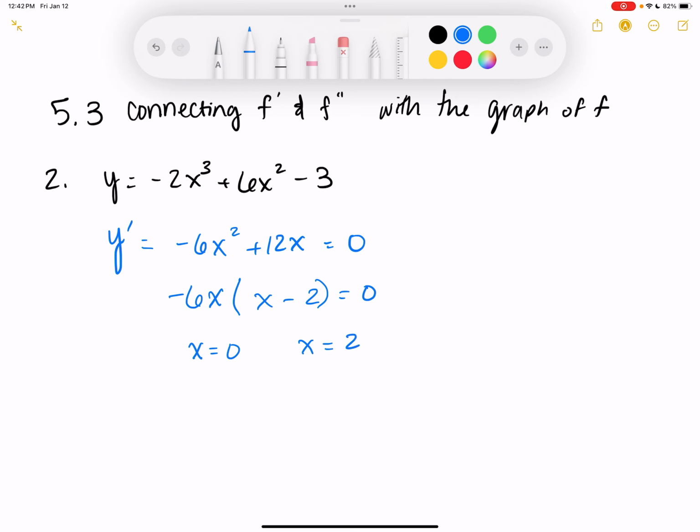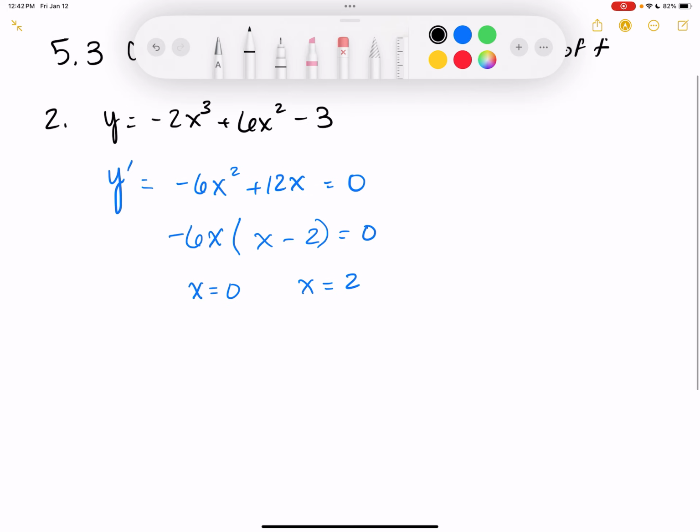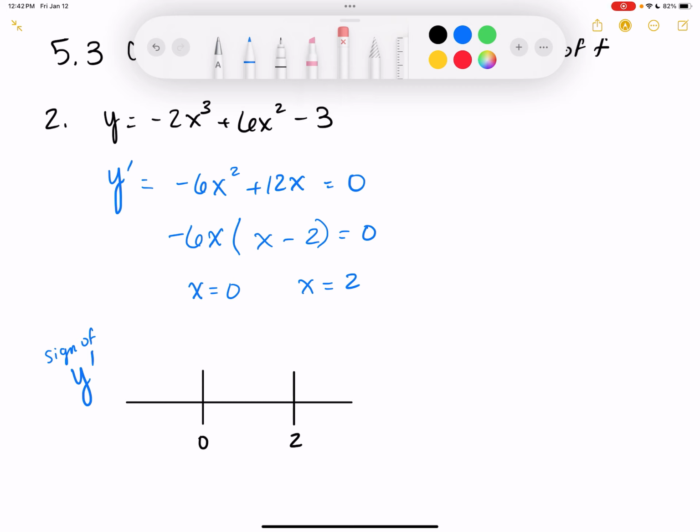All right, so now we're going to set up a little sign chart. Now remember, this is going to be the sign of y prime. So we're plugging these numbers and these intervals into the derivative.